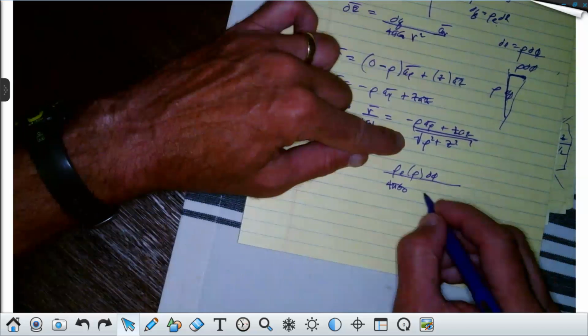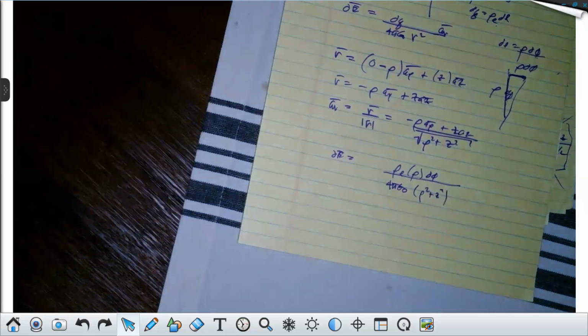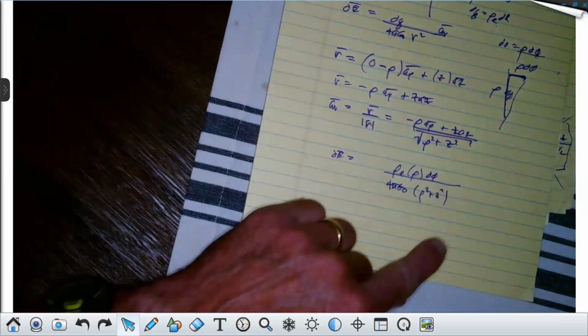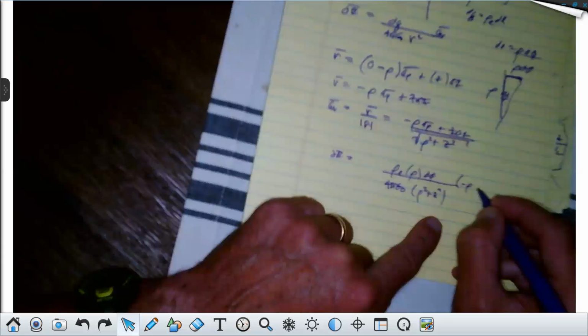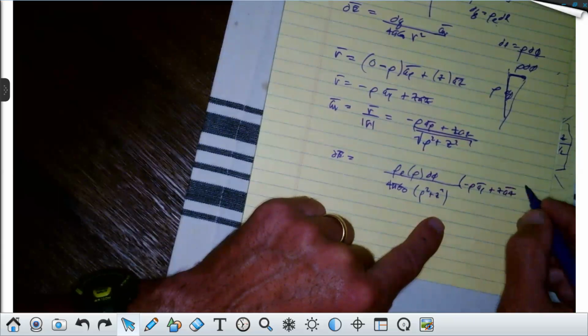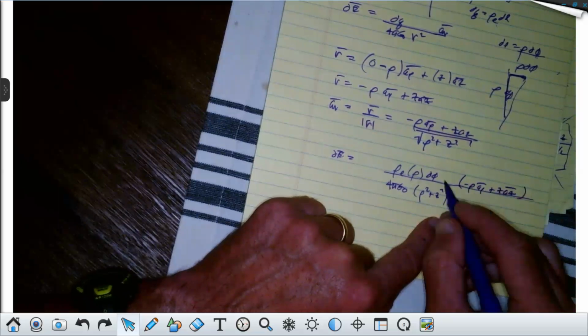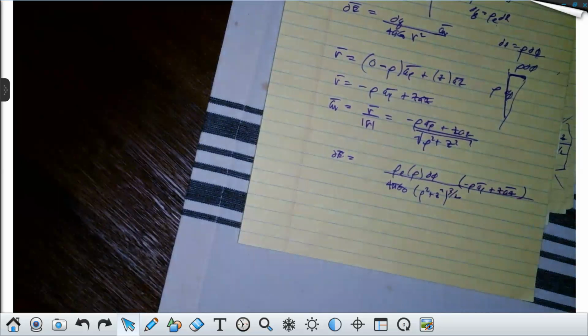And r squared would just be rho squared plus z squared. You all agree with that? Class, right? And then it's times a_R. Well, a_R is going to be minus rho a_rho plus Z a_Z, divided by the square root of rho squared plus Z squared, or it makes this to the 3/2 power. You all follow me on how I've got each of those terms, right? Each of the parts of the equation. Y'all good on this?